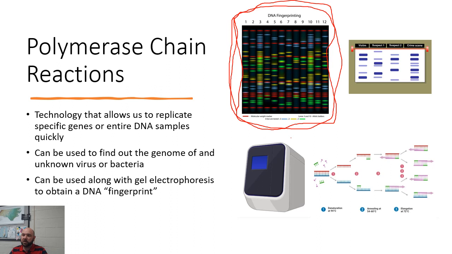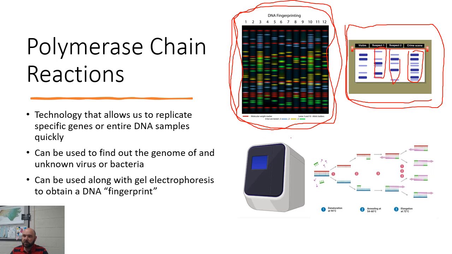We take the DNA we get at a crime scene, we amplify it a bunch of times, and we run it through our gel electrophoresis. And we see what DNA we found at the crime scene and we compare it to our suspects. We also compare it to our victim to make sure that we're not getting just our victim. And by that, we can figure out who was at a crime scene and who was not. So that's at least an interesting part of the science that we're seeing around us today.